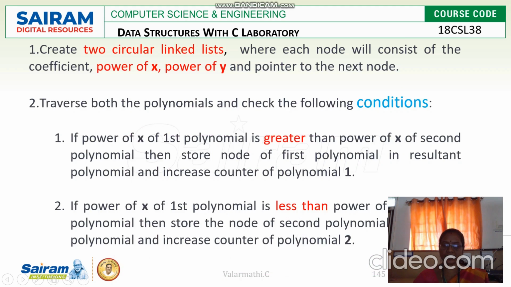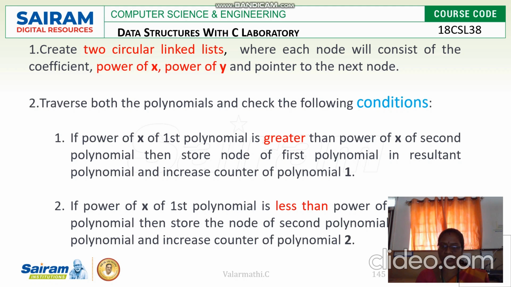How do we add them in programming? There is an algorithm that is followed. The first step is to create two circular linked lists, where each node consists of the coefficient, the power of x, the power of y, and a pointer to the next node. Like that we should create two circular linked lists. Then traverse both polynomials and check the following conditions.